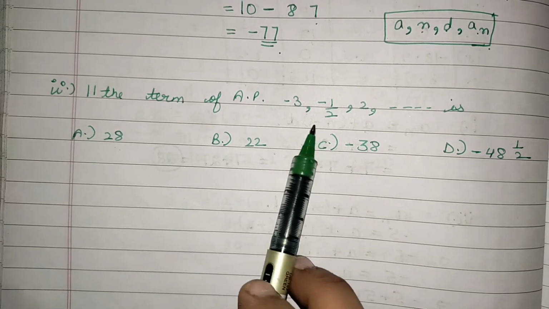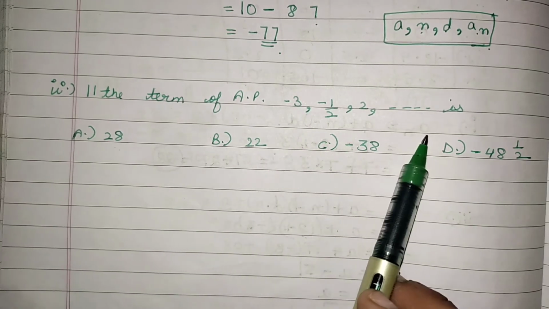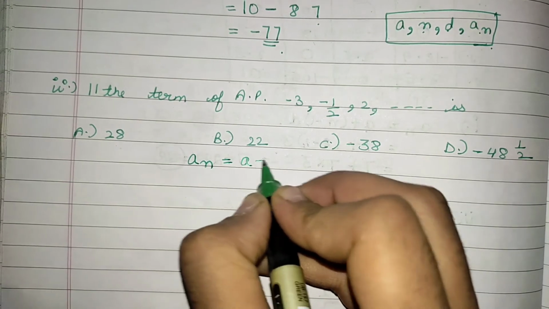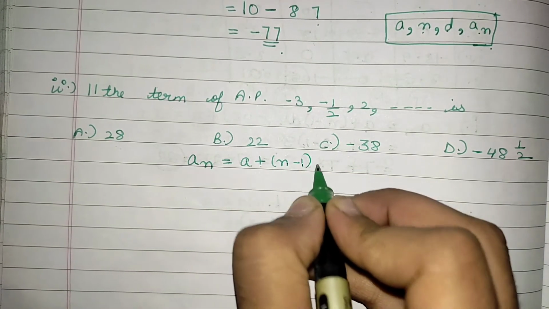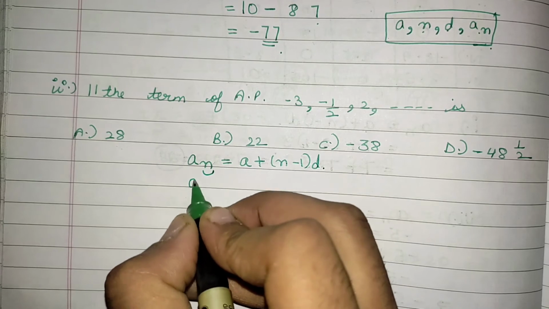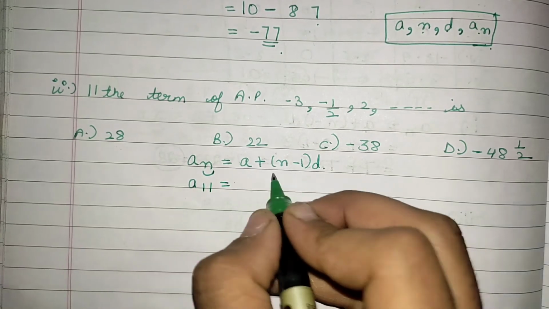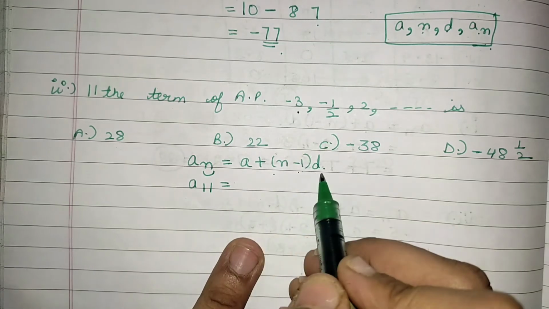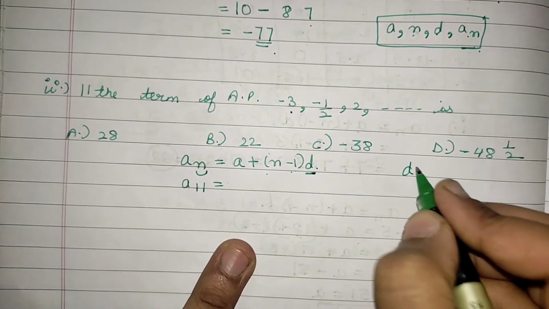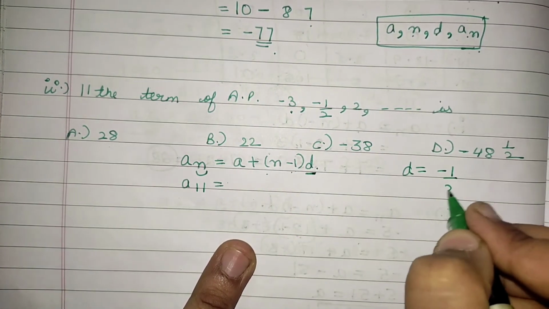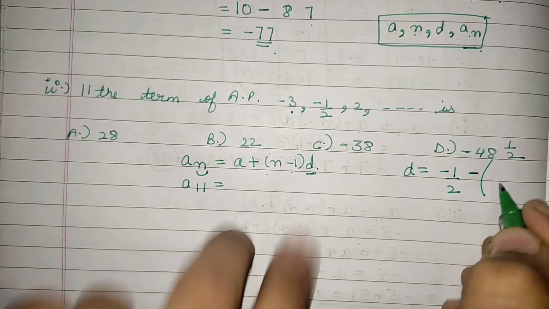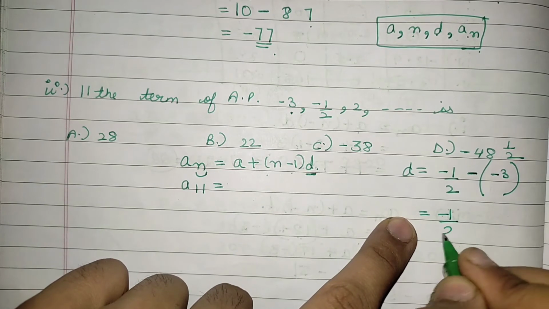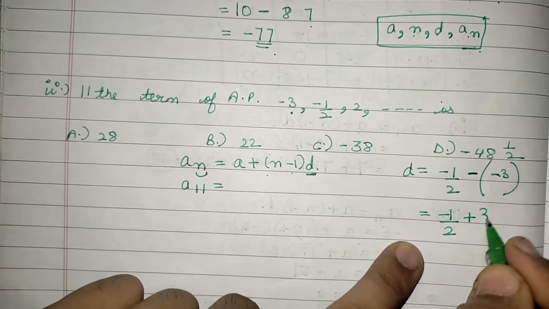Again, in the second part you have to find the 11th term of the AP. I think you can find it very easily by using the formula an = a + (n - 1) × d. n is 11, so you can put in all the remaining values. a is minus 3, and we have to find d. d will be equal to minus 1 by 2 minus (minus 3), so minus 1 by 2 plus 3.